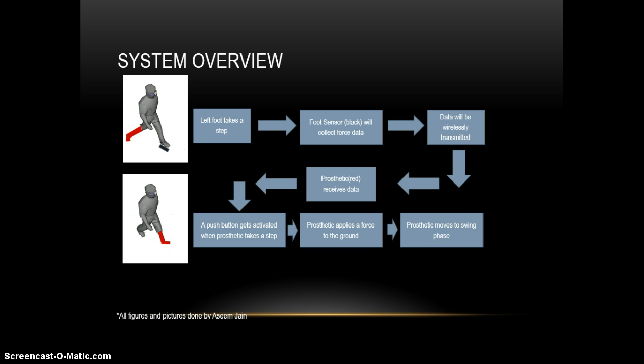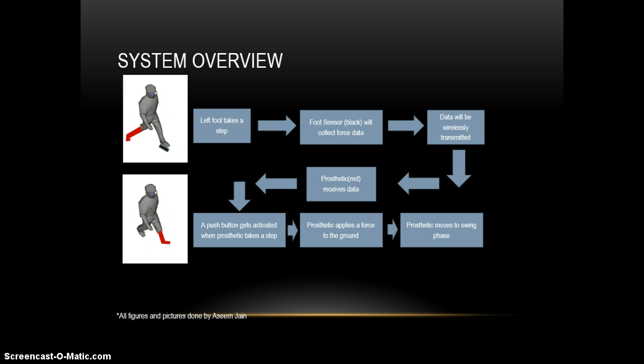In this scenario, when the left foot takes a step, a foot sensor will record data on how much force it applied to the ground. Since the left foot is supposed to mimic the right foot and vice versa, it should seem only natural that the right foot, or the prosthetic, would mimic the force output that the left foot did.